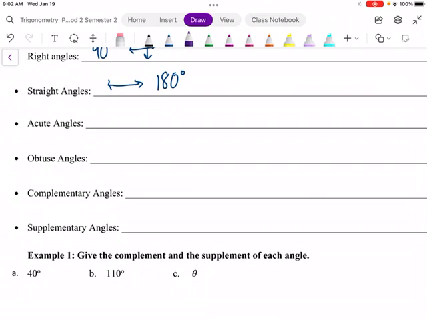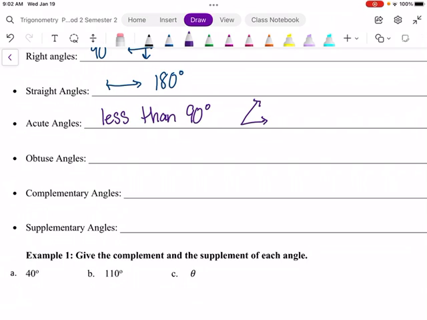Acute angles are less than 90 degrees. And then an obtuse angle is greater than 90 degrees but less than 180, so it's in between 90 degrees and 180 degrees.